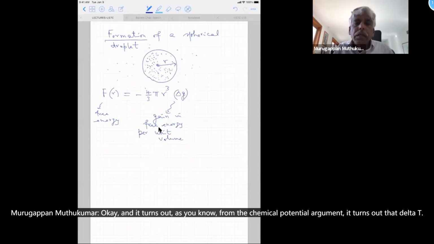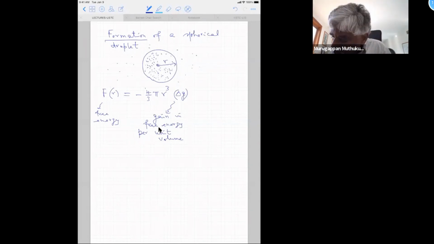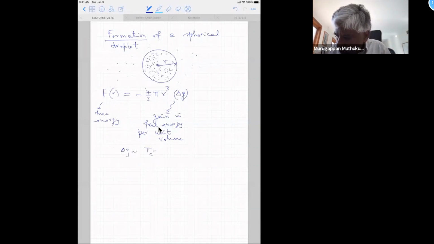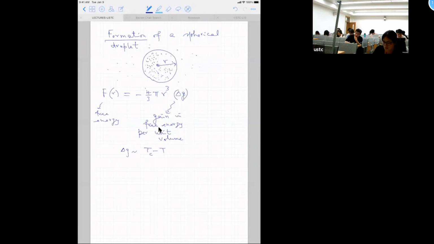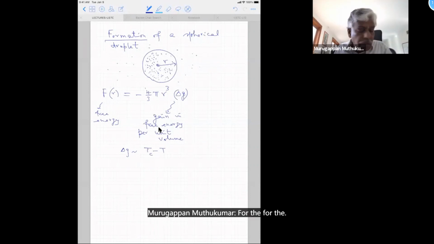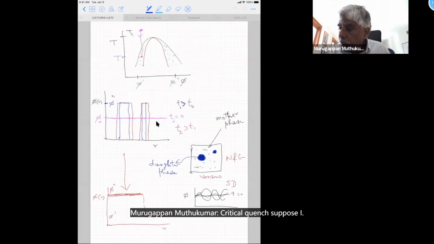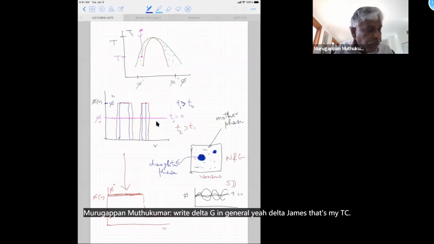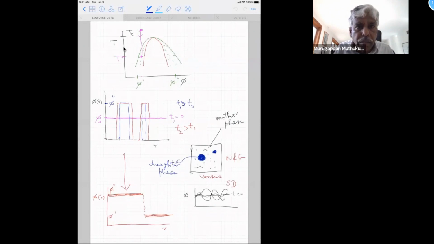Okay. And it turns out, as you know from the chemical potential argument, that delta G is equal to Tc minus T for the critical quench. Suppose I write delta G in general, that's my Tc, right?